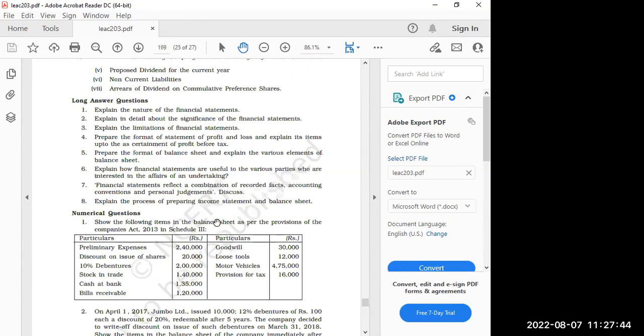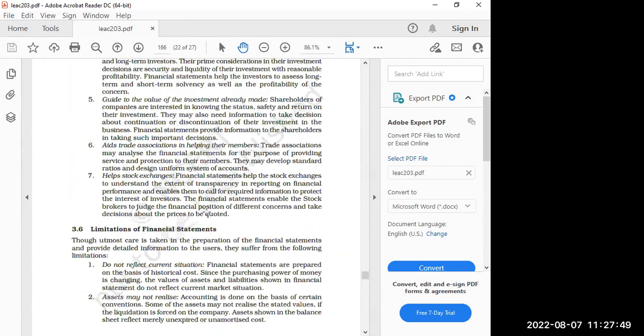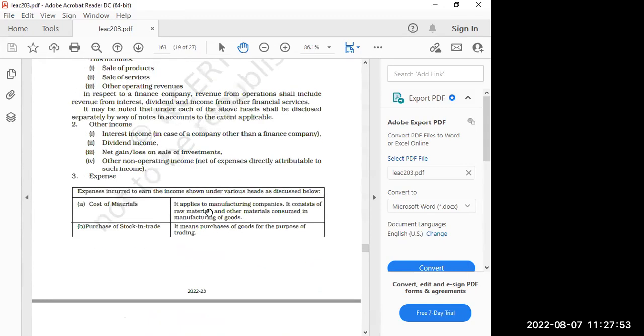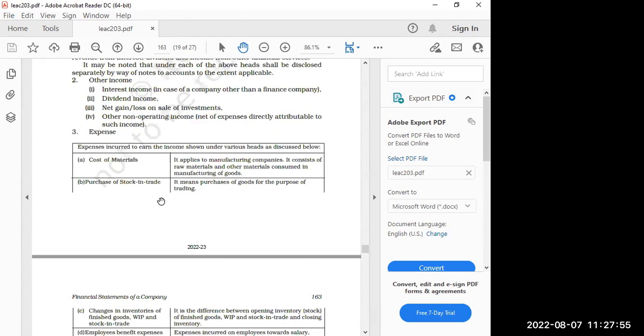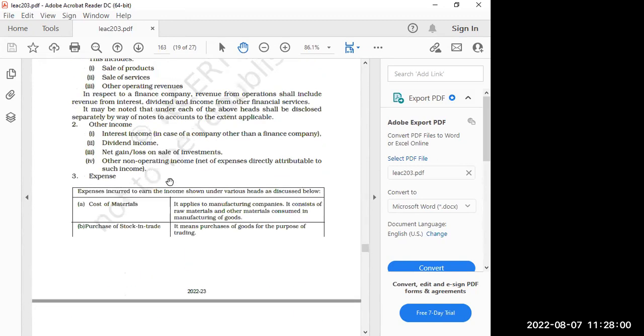Okay, we'll take one more question in the balance sheet. So this table gives you the detail about each and every item in the expense column I explained to you. Later you can read this also.